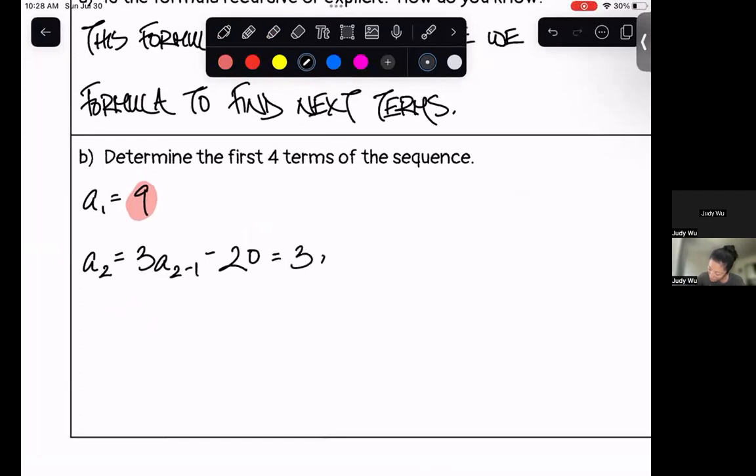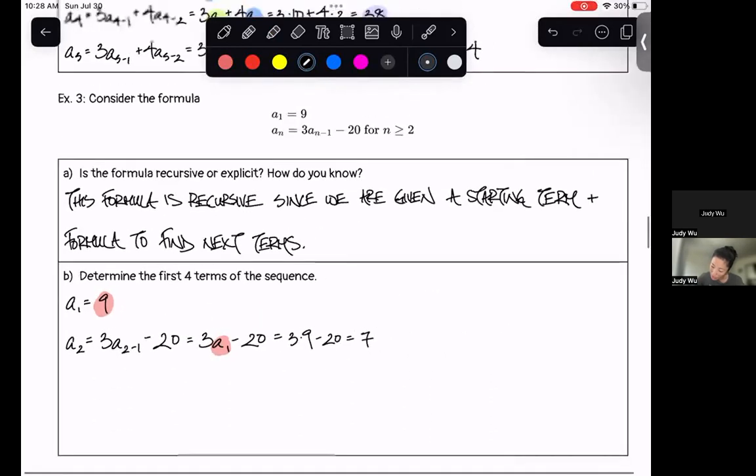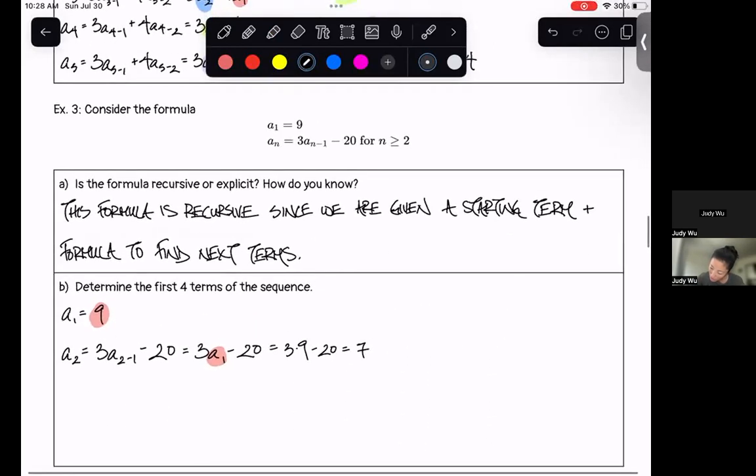That is 3 a sub 1 minus 20. Oh, check it out, we do need that a sub 1. So everywhere we use the a sub 1, we're going to plug in a 9. So 3 times 9 minus 20 is 27 minus 20, which gives us 7. That means that our a sub 2 is 7.